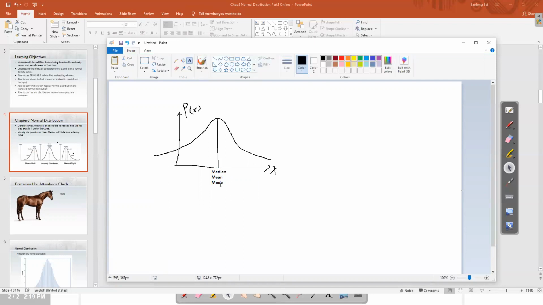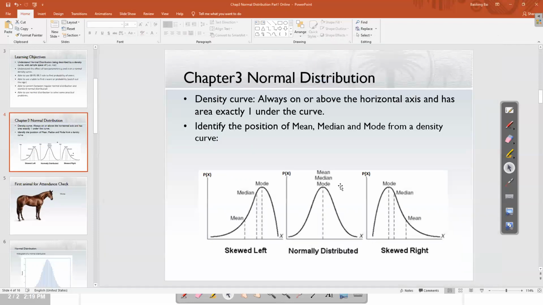So mode, mean, and median, they overlap for normal distribution, like this. Mean, median, the mode, they overlap in the center. So whatever this mark is on x-axis, that's mean, median, and mode.